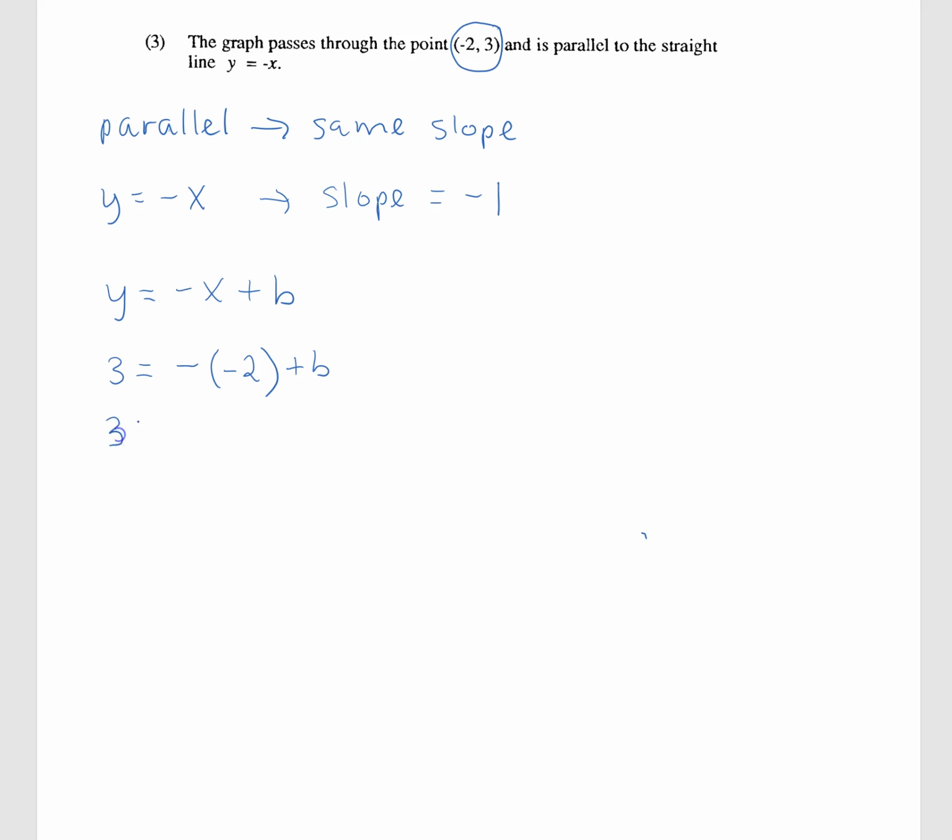So when we evaluate this out, these negatives cancel. This just gives me 3 equals 2 plus b. And subtracting 2 on both sides of the equation gives me 1 equals b. So this means that my full equation is y equals -x plus 1, and that's the equation for the line in part 3.